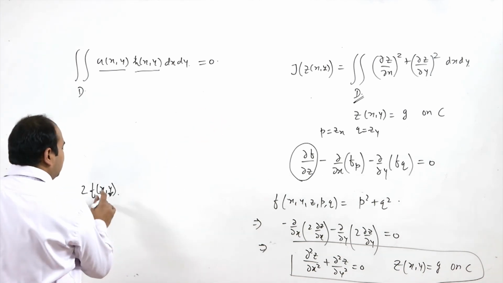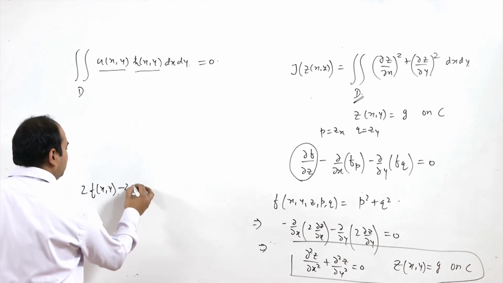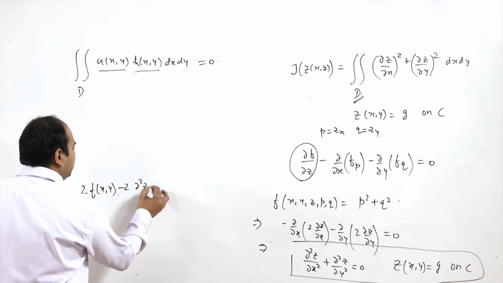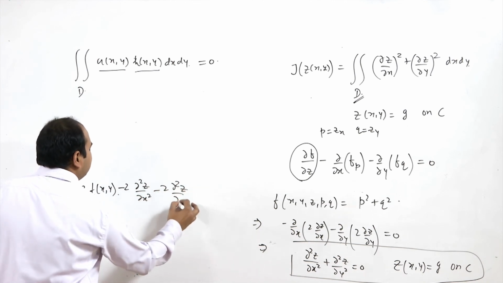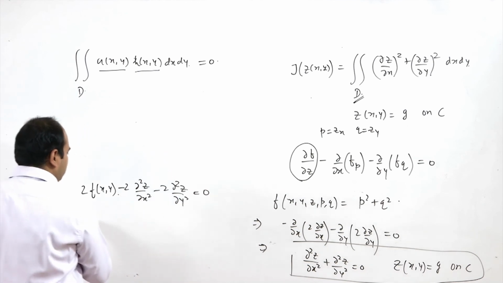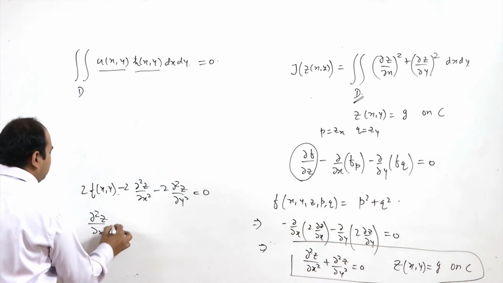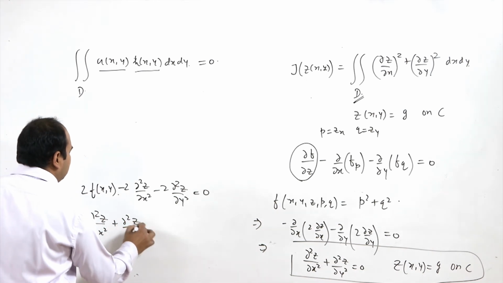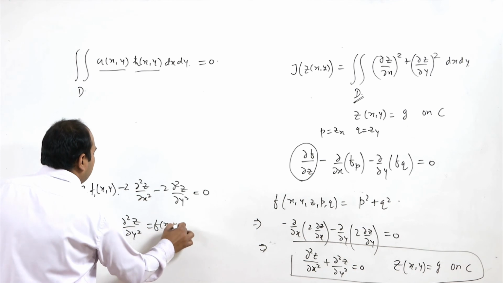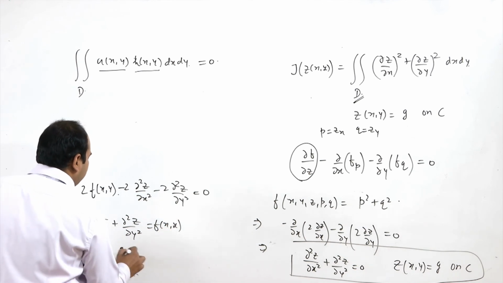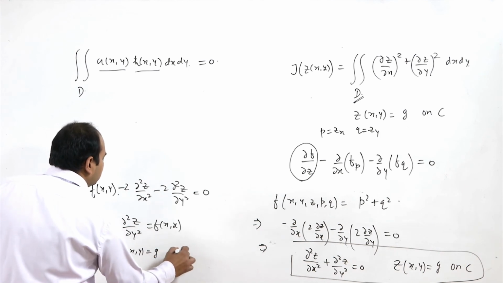So in the second example we have this term minus 2 ∂²z/∂x² minus 2 ∂²z/∂y² equal to 0. You can simplify this as ∂²z/∂x² plus ∂²z/∂y² equal to f(x,y), and here z(x,y) is equal to g on your curve C.